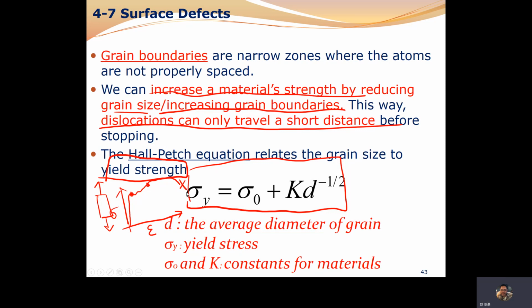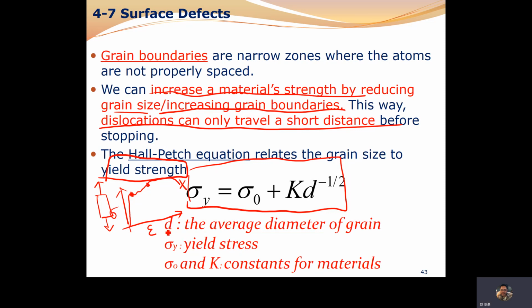We can have the stress and strain curve, and we figure out the yielding stress from this curve corresponding to the grain size. We work on numerous experiments on this, and we get this linear equation, the Hall-Petch equation. Therefore, it's from experiment.